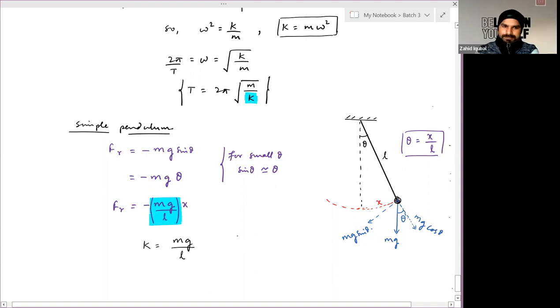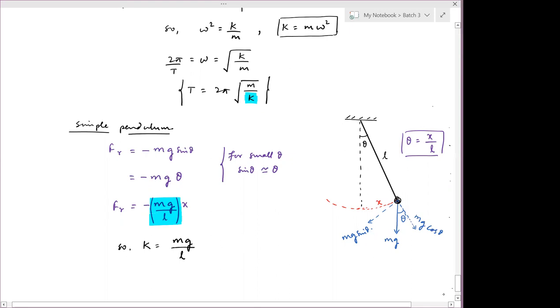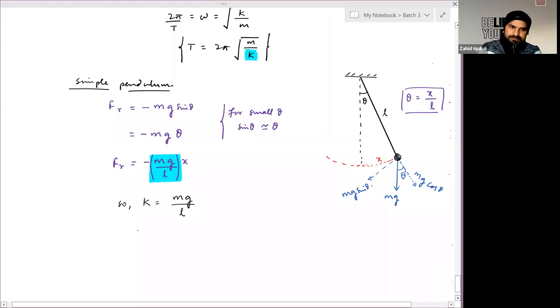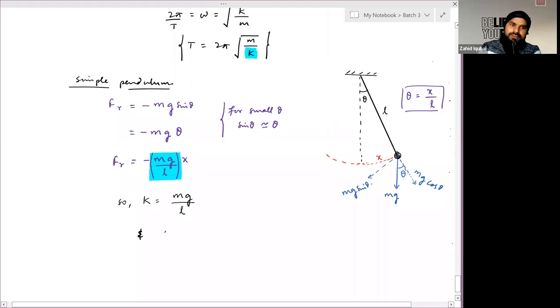Riba, is it clear? Yes, sir. So what will be the time period related to this oscillation? Time period equals 2 pi root under m by k.